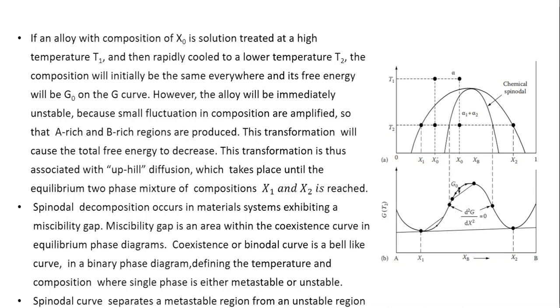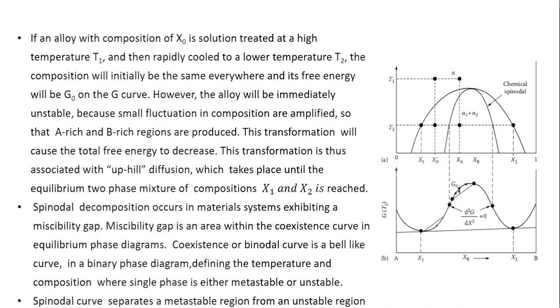However, the alloy will be immediately unstable because small fluctuations in composition are amplified so that A-rich and B-rich regions are produced. Such a separation of alpha into A-rich and B-rich regions leads to lowering of the free energy.